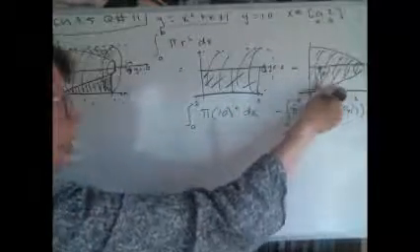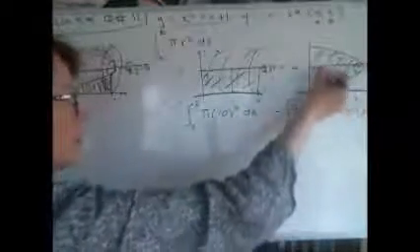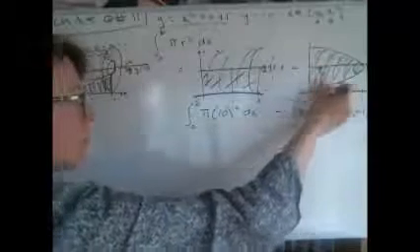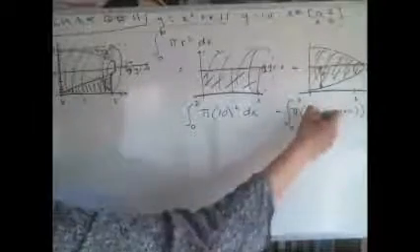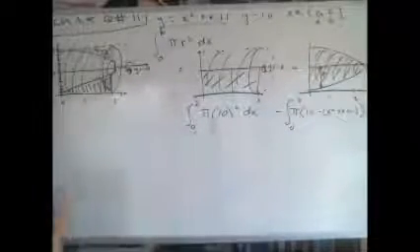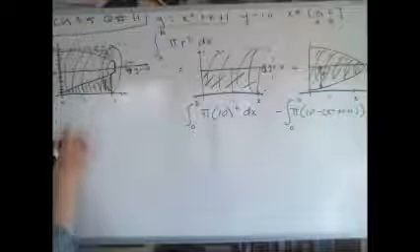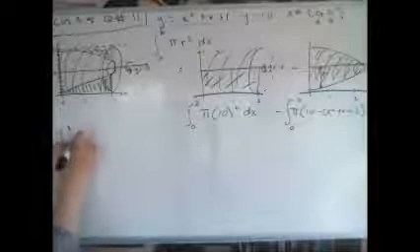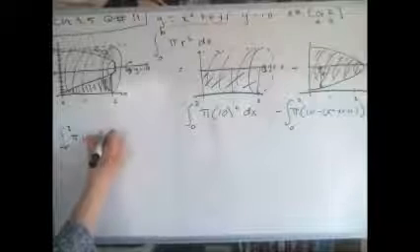Now for this part, my radius is going to be 10 minus my function here. This is my parabola, x squared plus x plus 1. And don't forget to square that. So I'm going to subtract all these out and square it, so I've got some algebra ahead of me. Let's do this part here first. This is going to look like from 0 to 2, pi times 100 dx.